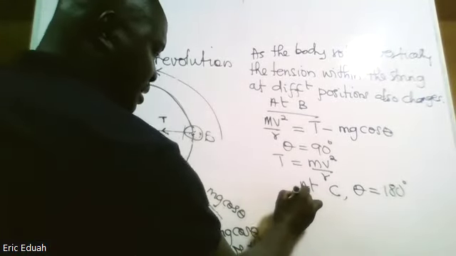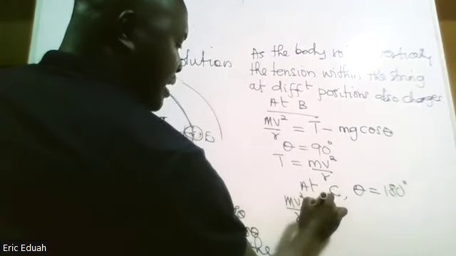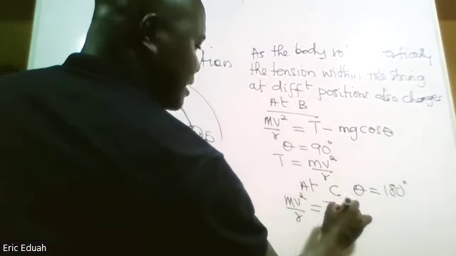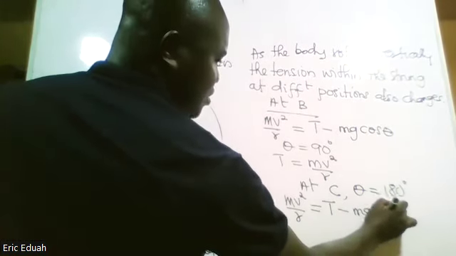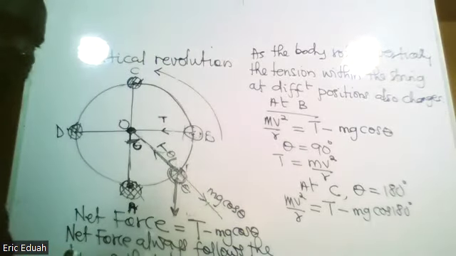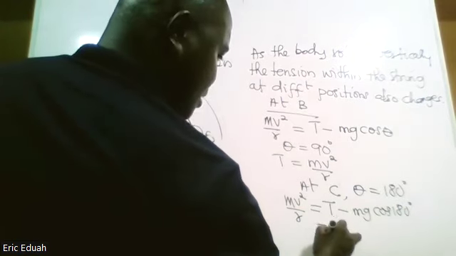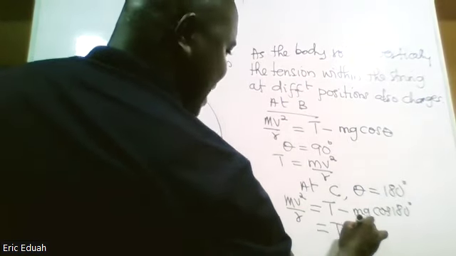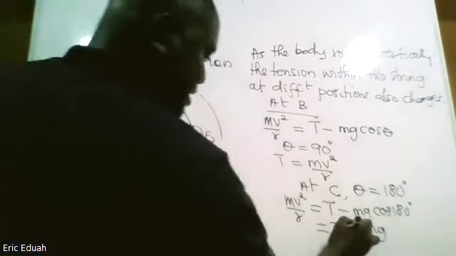Therefore, mv squared over r is equal to T minus mg cos 180 degrees. Cos 180 is -1. So we have T plus mg.